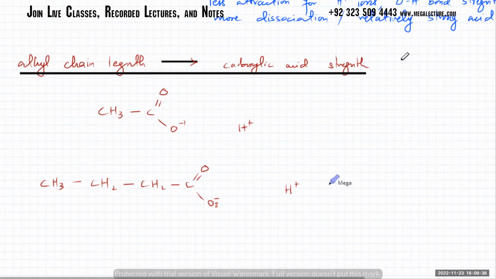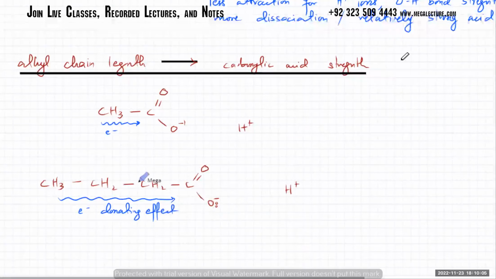ठीक है. So the idea is that if you have a longer alkyl chain, there's going to be more. Smaller alkyl chains have electron donating effect. So if you have a bigger alkyl chain, there's more electrons being pushed. So there's going to be electron donating effect over here as well. दोनों के अंदर होगा, बस उसमें it's going to be smaller.